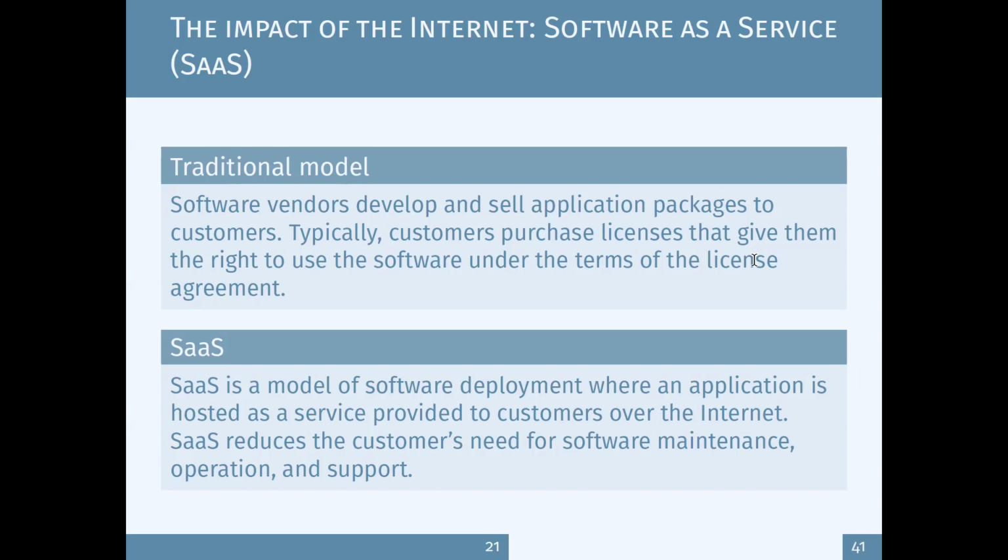These are cloud-based services, and putting everything in the cloud will reduce a lot of manual labor, especially for maintenance, operations, and support. Even changing or improving your operating system will not affect your software.